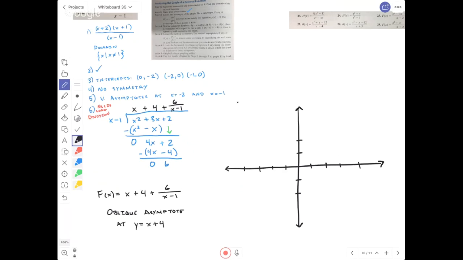Okay. So I'm gonna sketch in here my asymptote. Oh, whoop, 1, 2, 3, 4. So this is the graph of x plus 4. And the asymptote part is going to be in red. So this is the oblique asymptote.